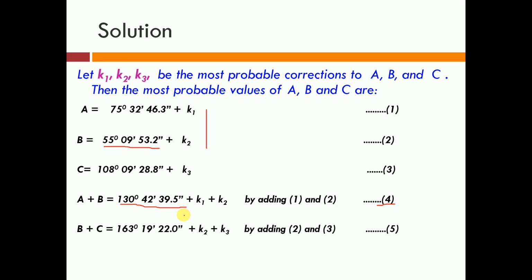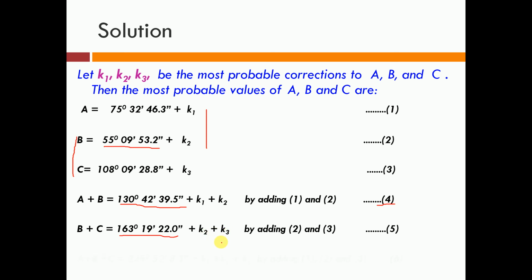Then B plus C. This equation B plus C is arrived at by adding these two equations, that is B and C. So this 163 degrees 19 minutes 22 seconds is the summation of B and C plus K2 plus K3.